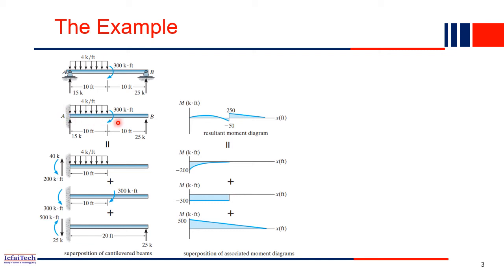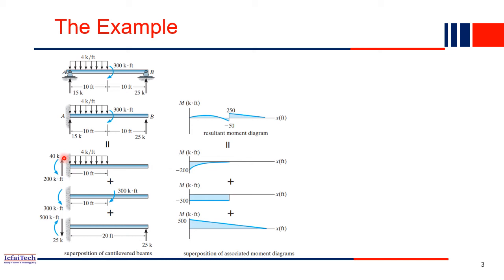Now this beam can be divided into three parts. What are the three parts? First, we removed this 25k load, as well as this moment also. So this is a simple cantilever beam having a UDL. So this is our first part. This is a fixed beam, and only the UDL is acting.